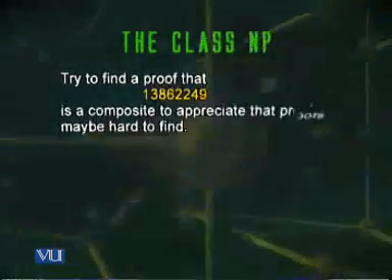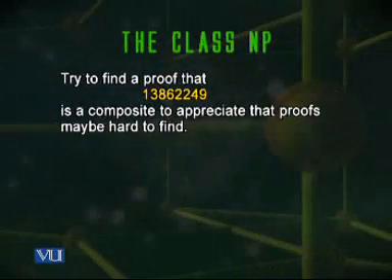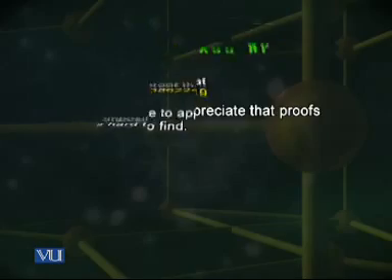For you to understand this point, let me give you another number. Let's try to find a proof that 1386249 is composite. If you go home and try to find a proof that this number is composite, you will have to do a lot of work. So your homework today is to try to find a proof that this number is composite.